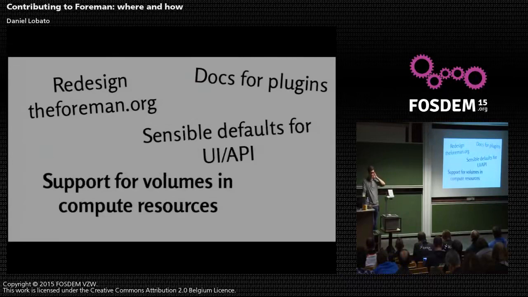Volumes and compute resources, that's a big one in my opinion. We have EC2 users who want to get block device mapping, but they don't have it because we haven't worked much in that regard yet. I've started to work a little bit on it. Same for OpenStack.